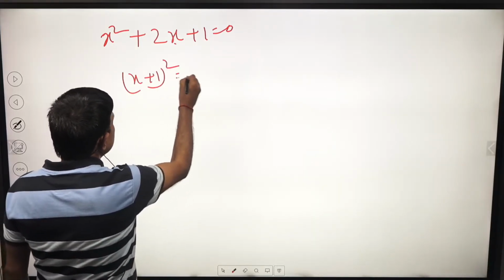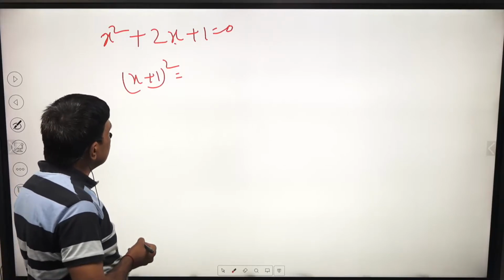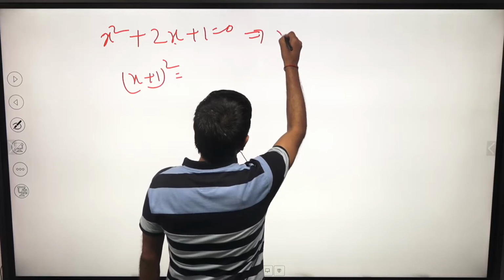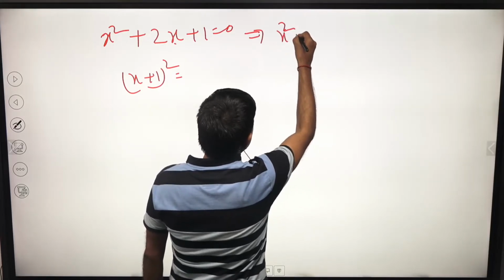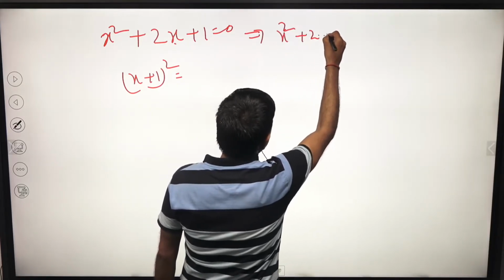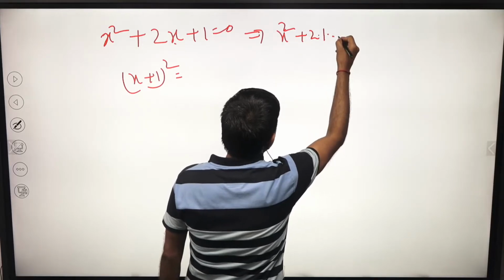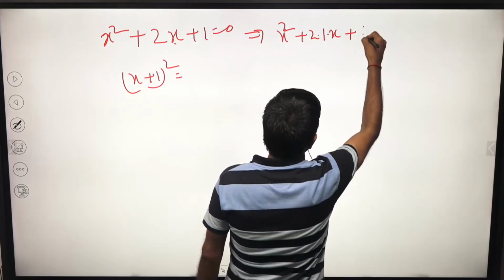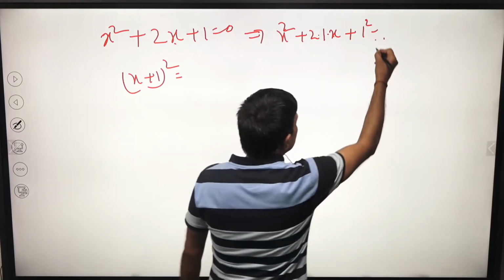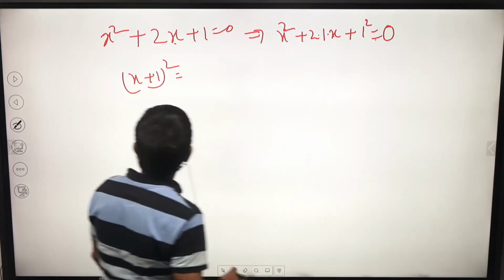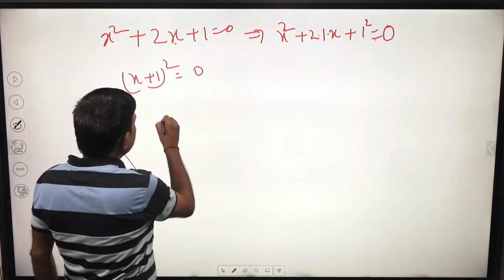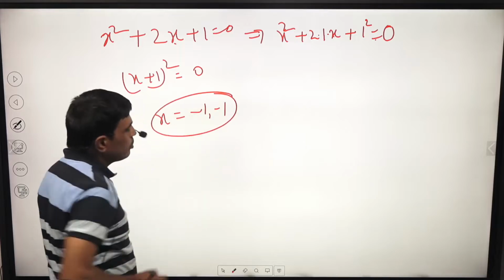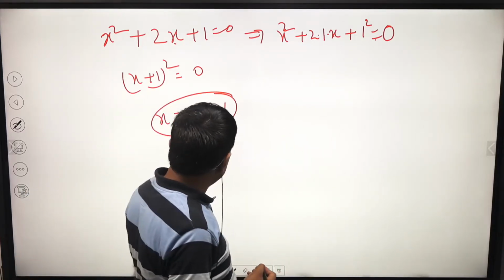Using a plus b whole square equals a square plus 2ab plus b square, it can be written as x square plus 2 into 1 into x plus 1 square equal to 0. So here x is equal to minus 1, minus 1. These are the roots of the quadratic equation.